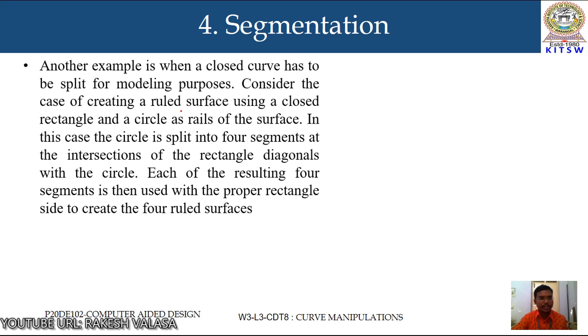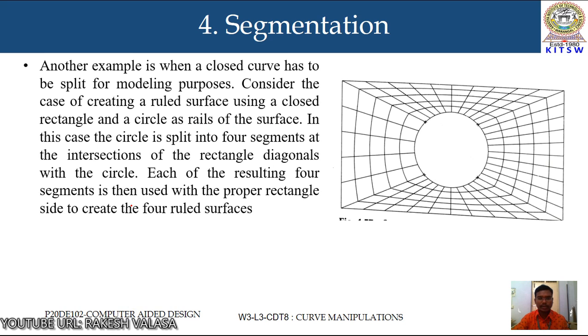Another example is when a closed curve has to be split for modeling purposes. Consider the case of creating a ruled surface using a closed rectangle and a circle as rails of the surface. Let us take one circle. I want to divide this circle for modeling purposes with the help of this rectangle.